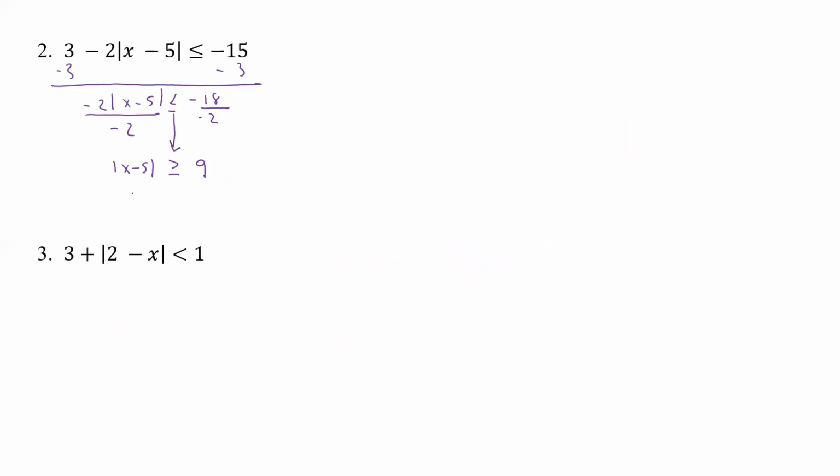So what we're going to say is x minus 5 is going to be less than or equal to negative 9, or we're going to have x minus 5 greater than or equal to positive 9.